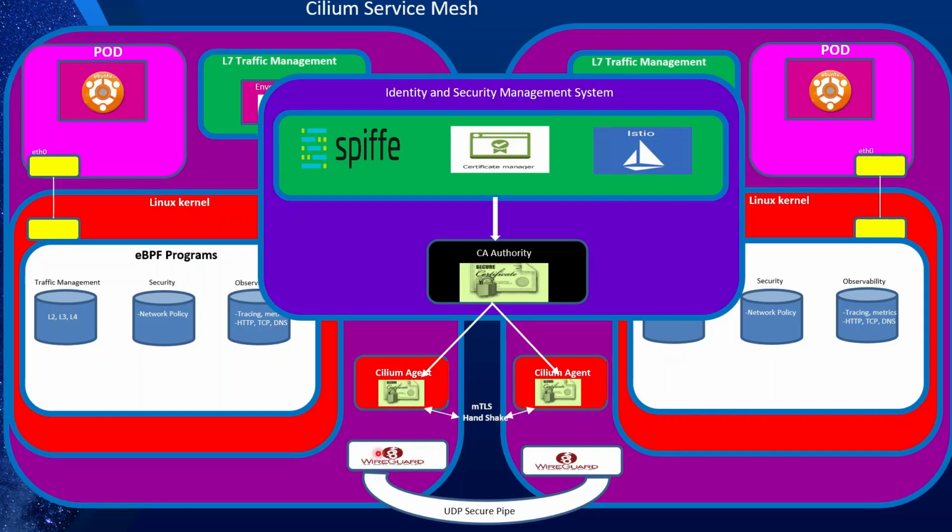So if you don't need the encryption, then you don't need to deploy WireGuard. Again, this is different from the approach that Istio takes. In Istio, the handshake and the encryption between the nodes come together. You really have no choice. You can't opt out of any of them.